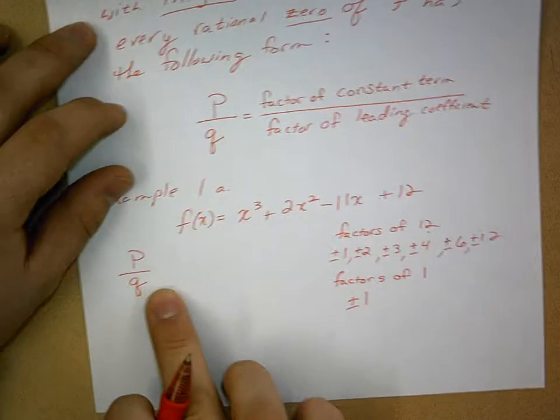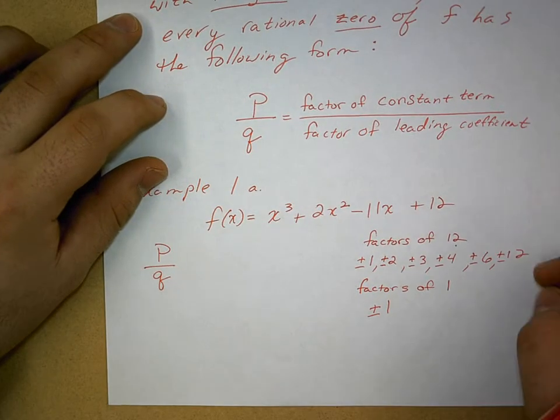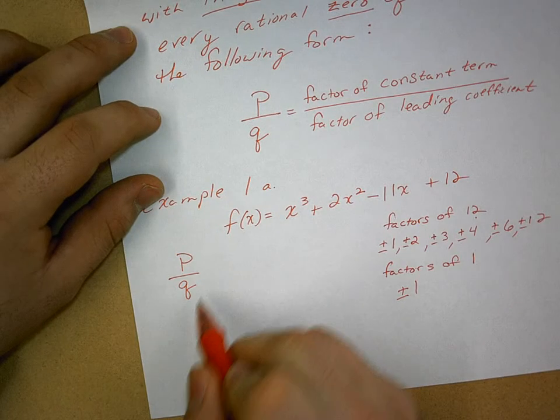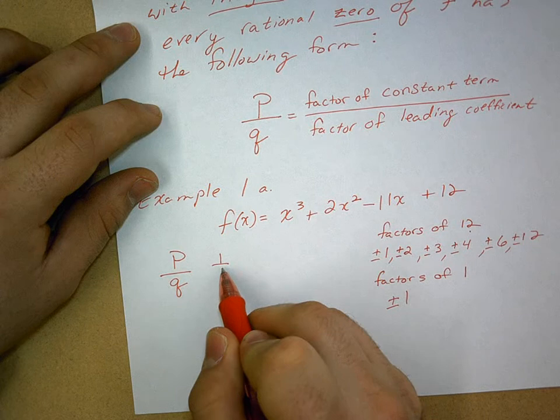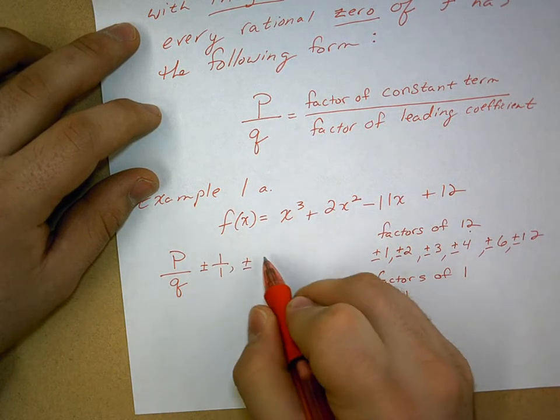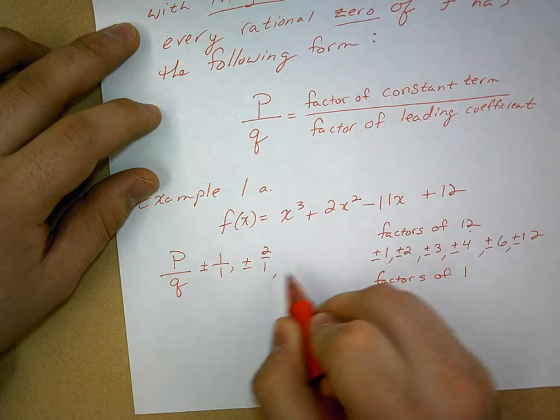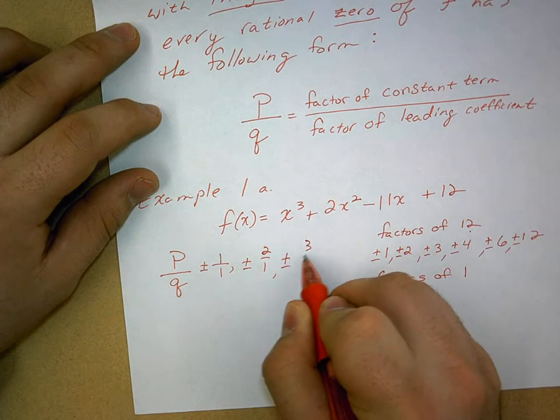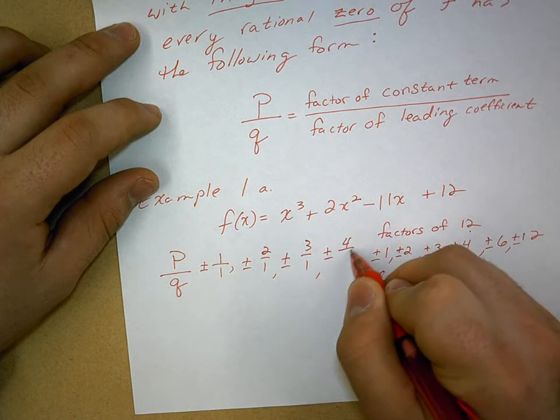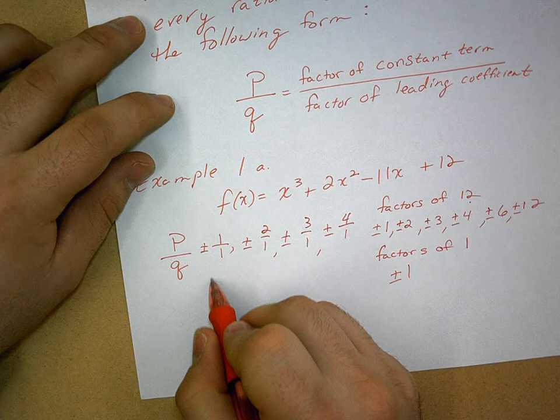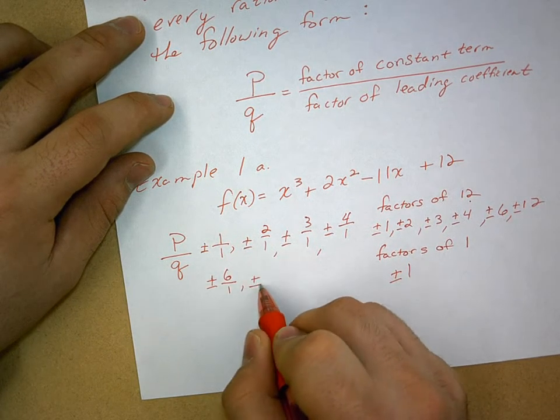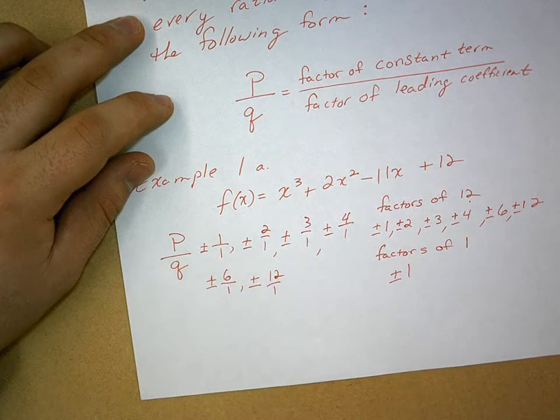Okay, so now let's set up our ratio of p over q. We want all the factors of the constant term, factors of 12, over the factors of 1. So, starting to list, we have 1 over 1, and this is all plus or minus, 2 over 1, plus or minus 3 over 1, plus or minus 4 over 1, plus or minus 6 over 1, plus or minus 12 over 1.